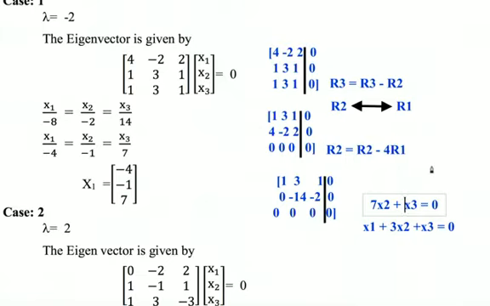So x2 is minus x3 by 7, or otherwise x2 upon x3 is minus 1 by 7.